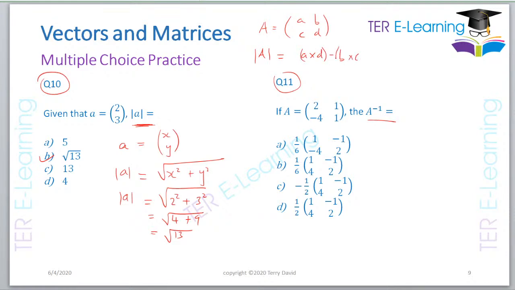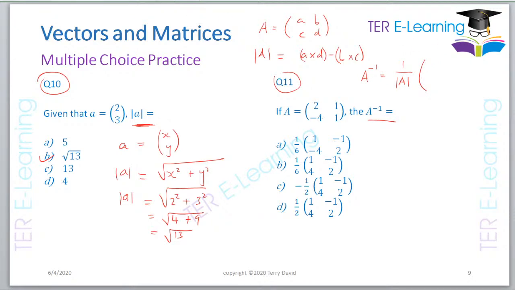Right? That's how we find the determinant of a matrix. The inverse of this matrix is equal to 1 over the determinant, multiplied by the adjoint of the matrix A. Now you need to know these terms and you need to know how to do this.